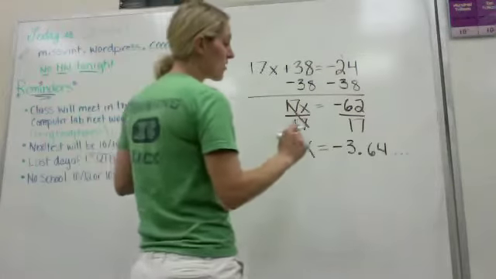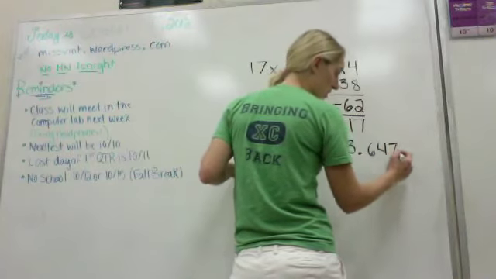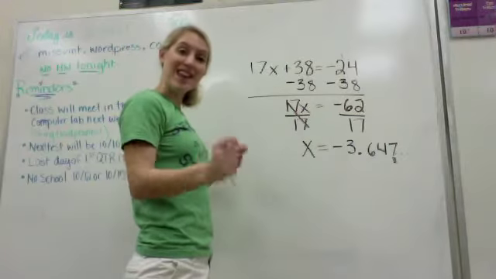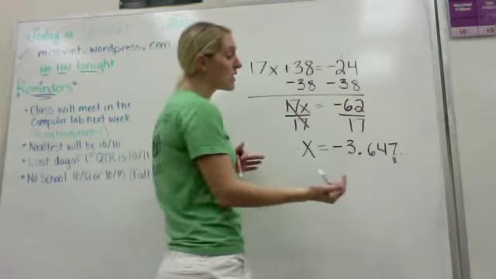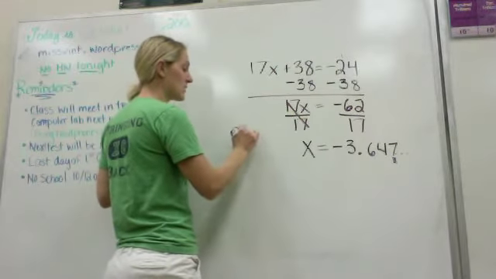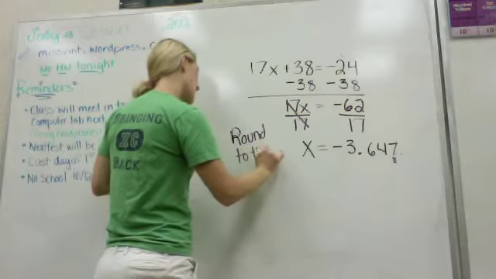Actually, I made one mistake here. You do want to look to the third decimal place. You want to look to the thousandths place, because we want to ultimately be able to round to the hundredths place.